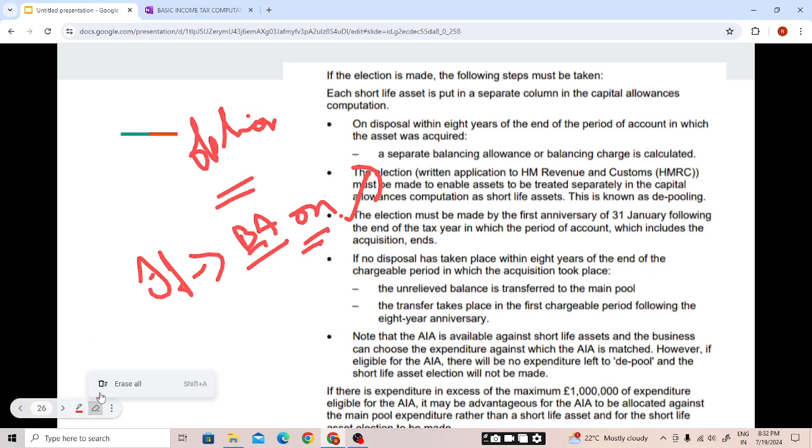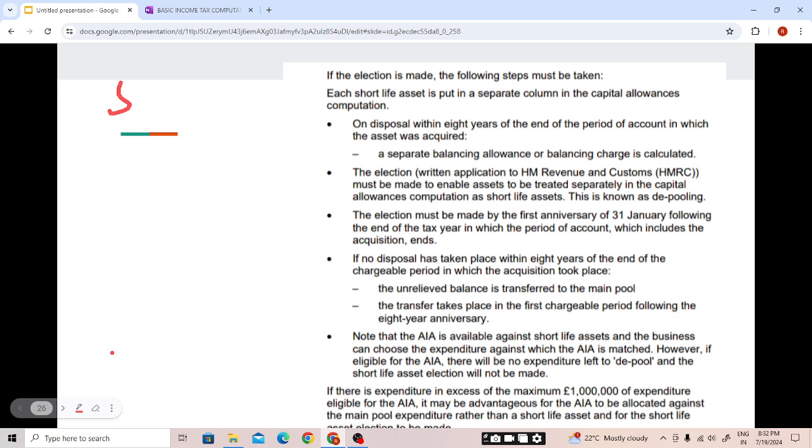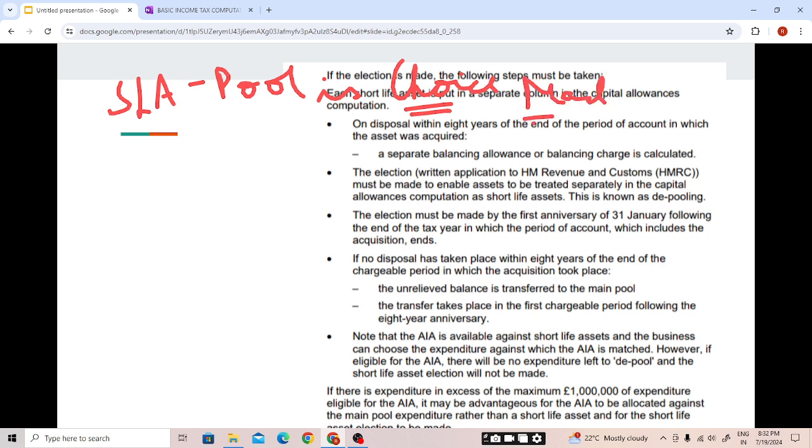The short life asset pool is a choice. It is not mandatory. It is a choice, not mandatory. I hope this is clear. It is advantageous to make this election, students, if it is anticipated that a balancing allowance will arise within 8 years following the chargeable period of acquisition.